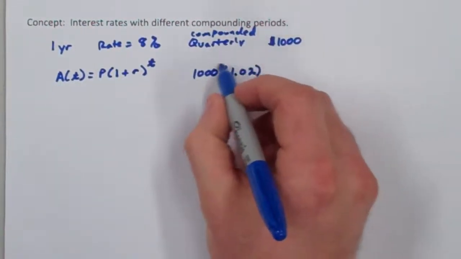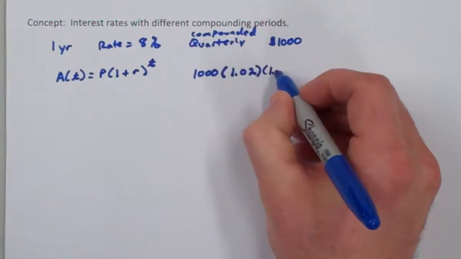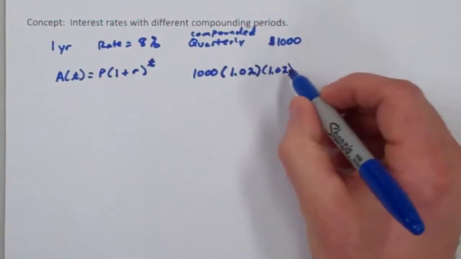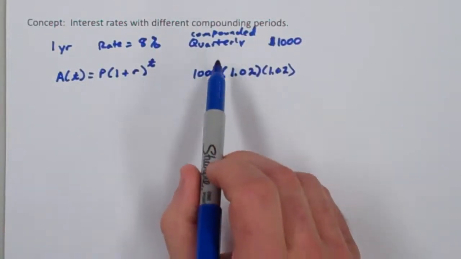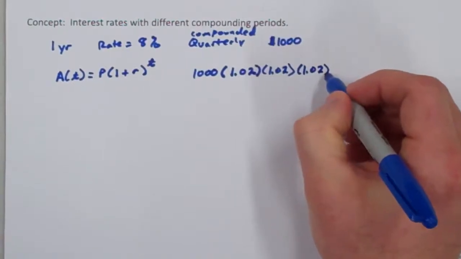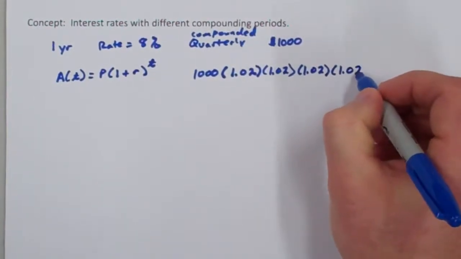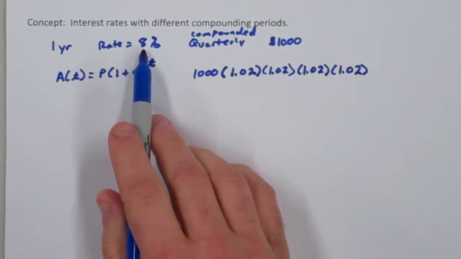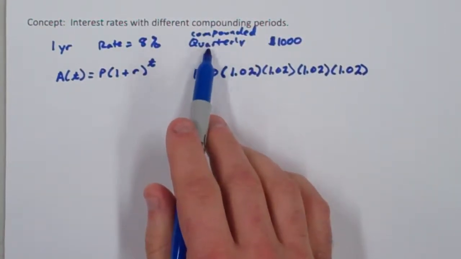The second quarter, we're going to take this whole amount and multiply it by 1.02. And then that's at about half, or 2 quarters, and then we're going to have to do it by another 1.02 and another 1.02 after that. And that'll be the rate of 8% compounded quarterly.